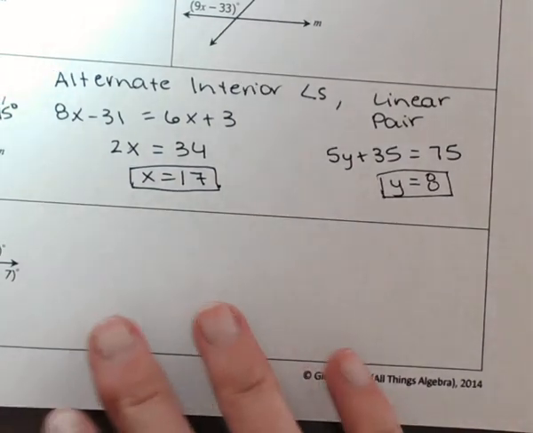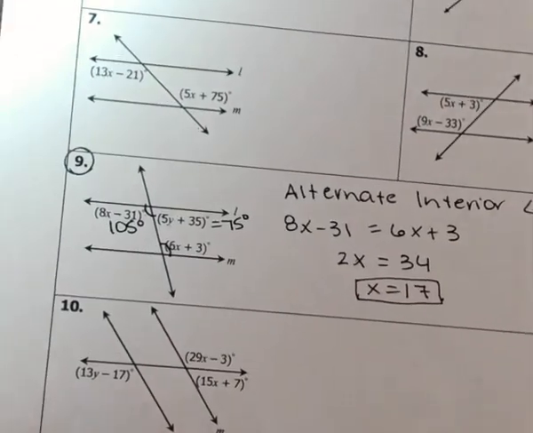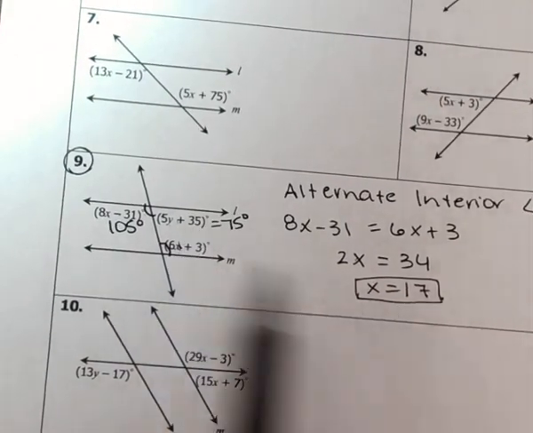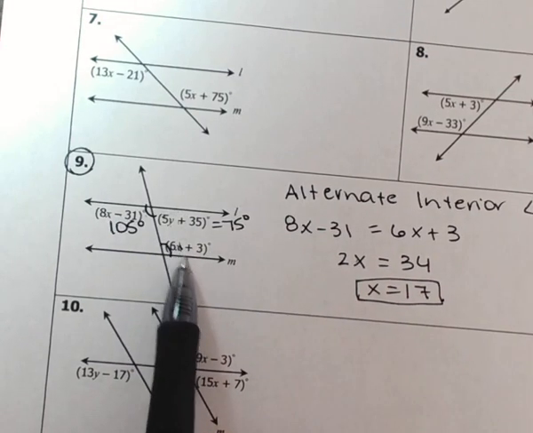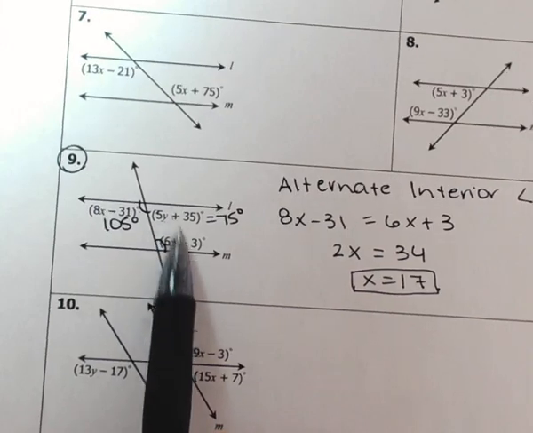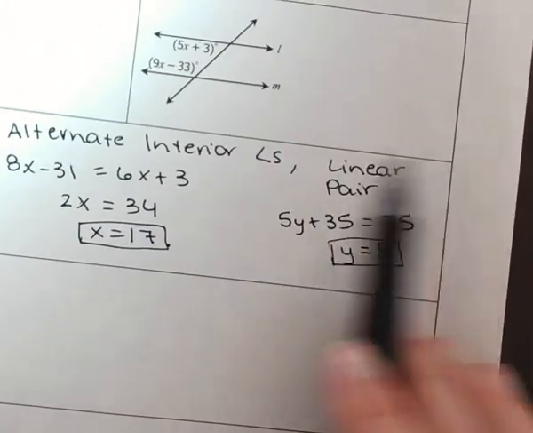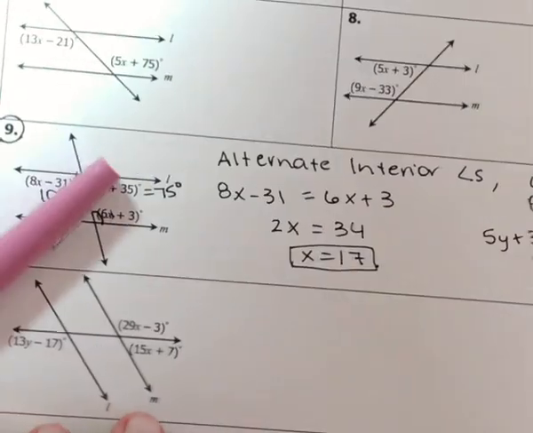So with this one we have two different answers, 17 and 8. We could have used consecutive interior here. I could have plugged the 17 in here, which is still going to give me 105, and then I know that these are going to add up to 180, the consecutive interior. So if you had that down, consecutive interior, you still would get the same answer, but that's okay if you used that logic as well.